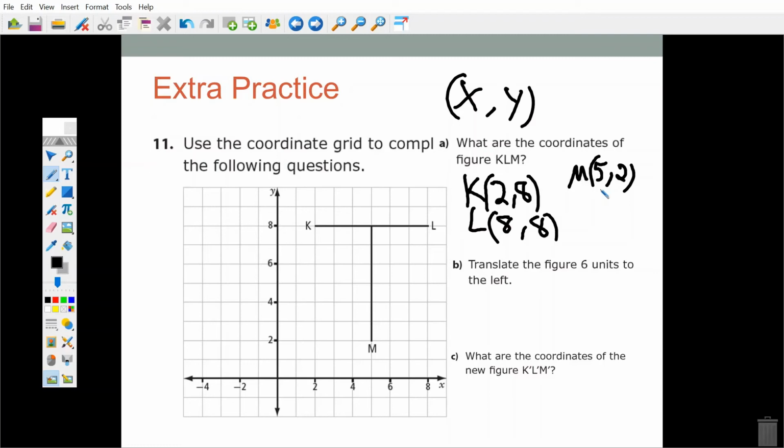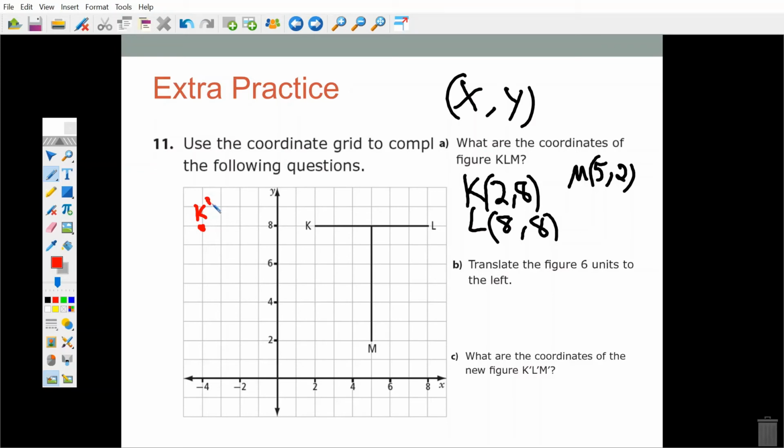Question B wants us to translate or move the figure 6 units to the left. So if I were to move K, L, and M 6 units to the left, where would they be? Well, if K is at 2, I'm going to move it 1, 2, 3, 4, 5, 6. The new K is right there.